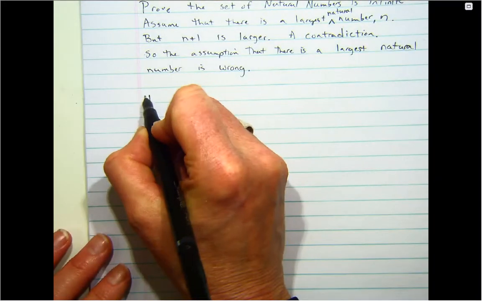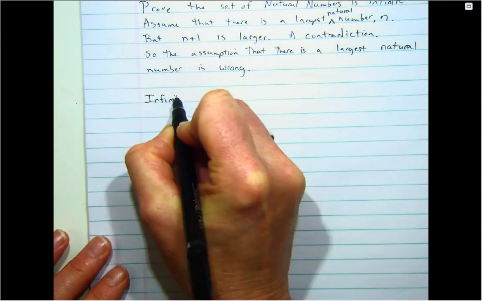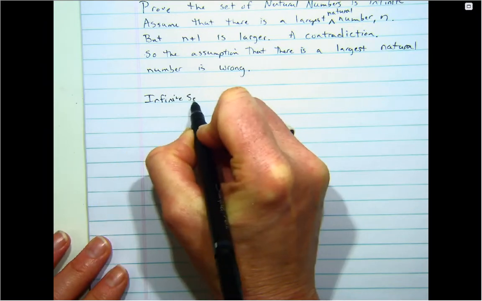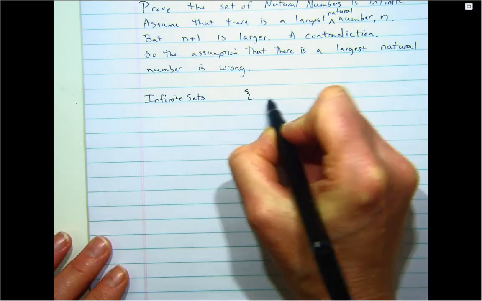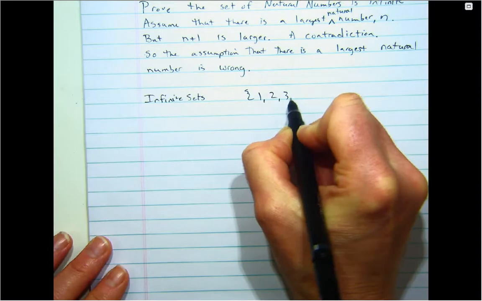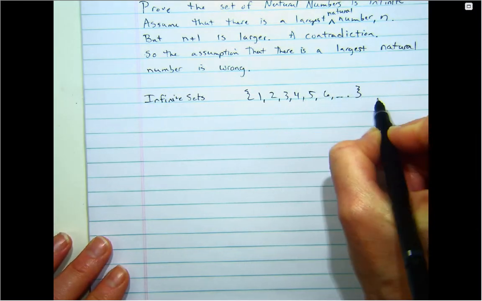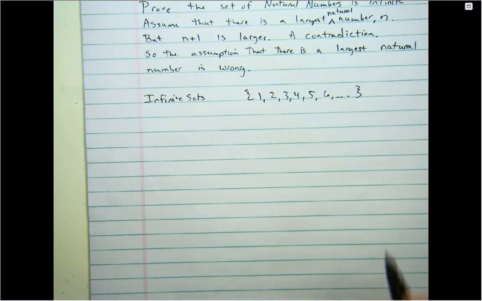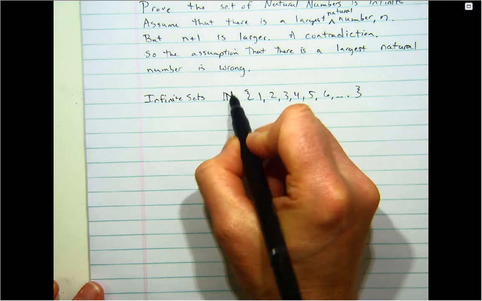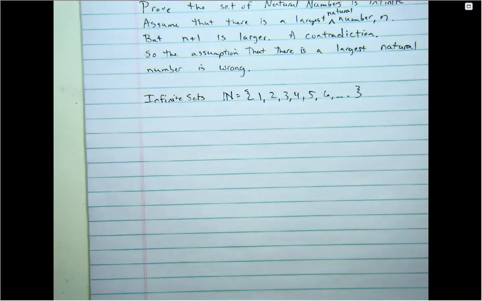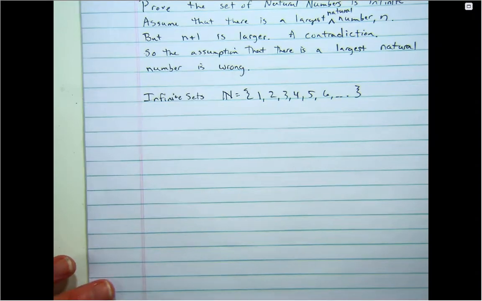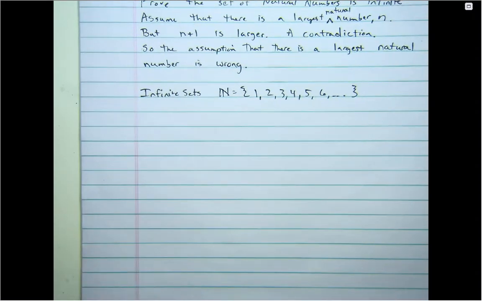Okay, so we have this infinite set. We have the set 1, 2, 3, 4, 5, 6, dot, dot, dot, the set of natural numbers. I could just label it double bar N so that we get used to naming the natural numbers N. And now I'm going to give you another set.